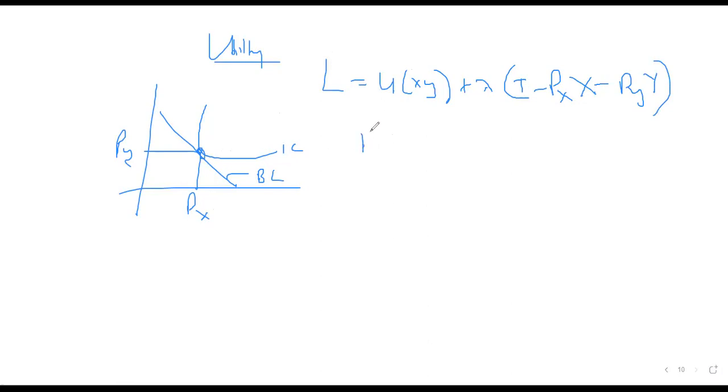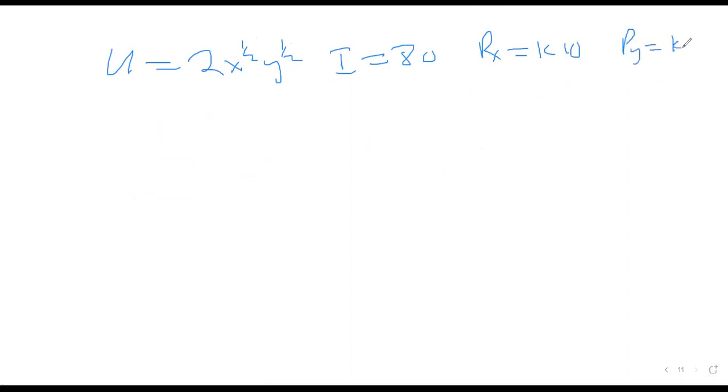This is called the optimum bundle, which occurs when the marginal utility of X over the price of good X equates to the marginal utility of Y over the price of Y. In the event that you're given a utility function, say 2x to the power half, y to the power half, and the income is given, for instance, as 80, and the price of good X is 10 kwacha, and the price of good Y is 40 kwacha.